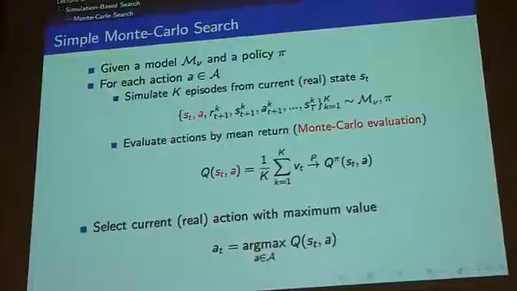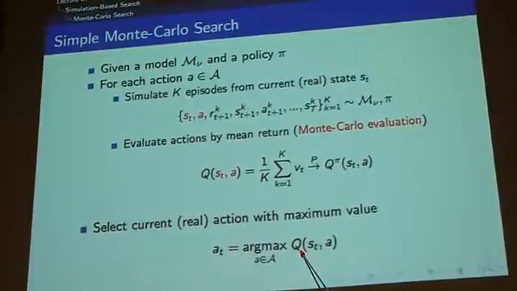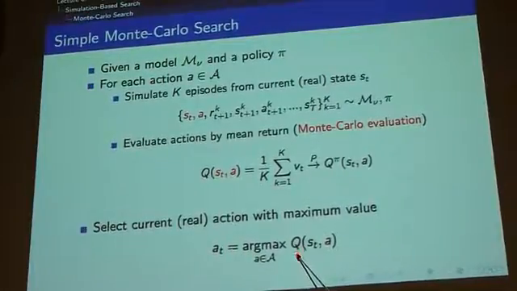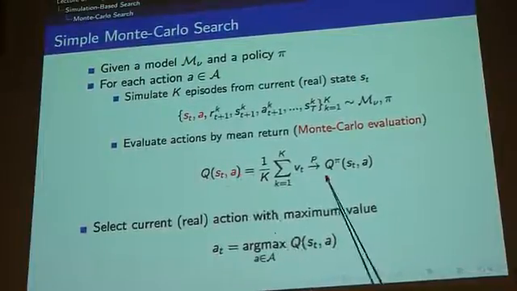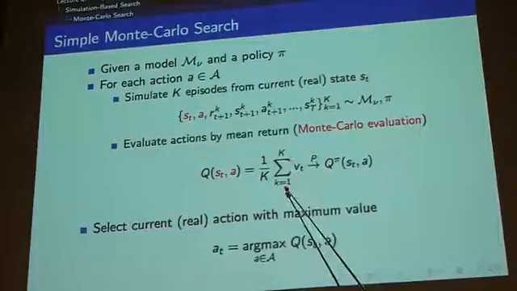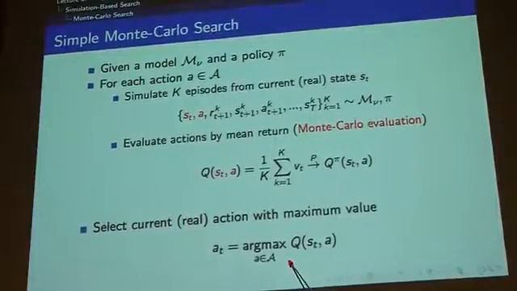Well, a very simple idea, which we've seen many times before, is just to pick the best action using our estimate of the action value function. So the idea is that the next real thing we do in the world is just the thing which actually worked best in all of our simulations. One of these actions will have the highest mean, and that's the action that we pick.